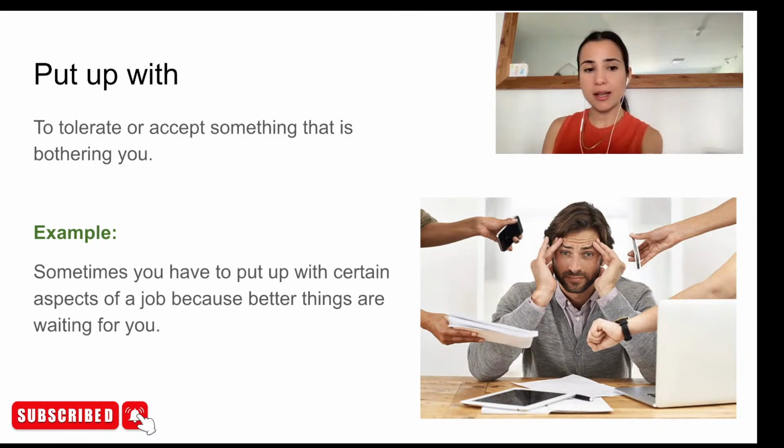The example here, sometimes you have to put up with certain aspects of a job because better things are waiting for you. So you have to tolerate or accept a job or things within your job that you don't like. You have to put up with them because you know a promotion is going to happen at the end of the year, or you're going to have an increase in your salary, for example. So you put up with certain things.